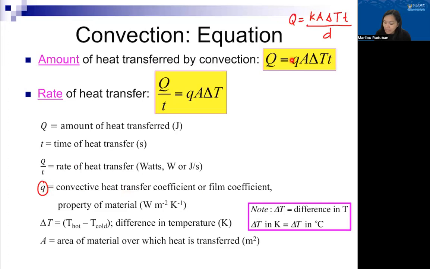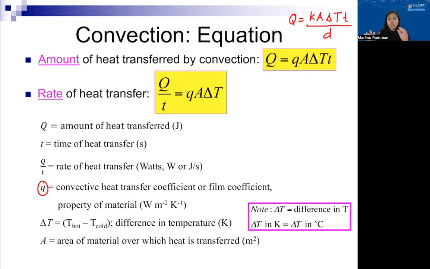The main difference between the conduction and convection equations is that in convection you don't have this dependence on the thickness. In conduction, the two objects need to be in direct contact with each other, and it's over the distance that they are in contact that heat is transferred, and that's why you need this distance d in conduction.